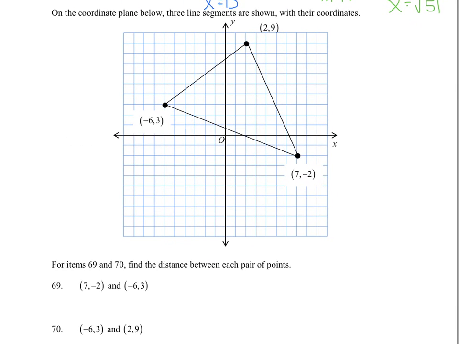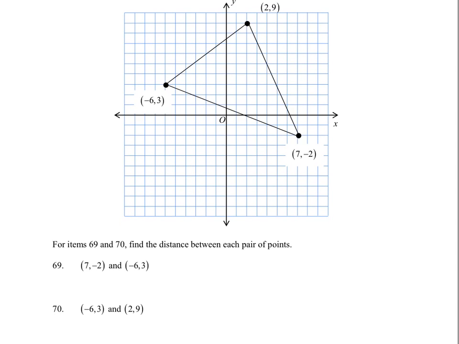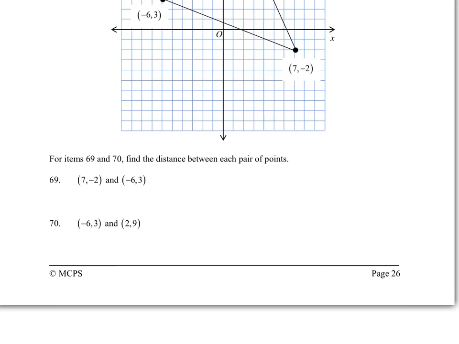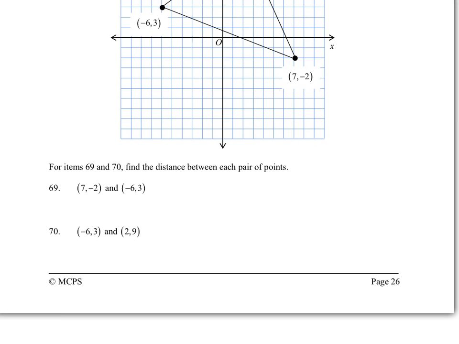On the coordinate plane shown below, 3 line segments are shown with their coordinates. For items 69 and 70, find the distance between each pair of points. So for 69, we're going to find the distance between (7, -2) and (-6, 3).